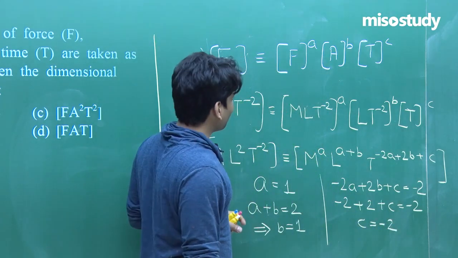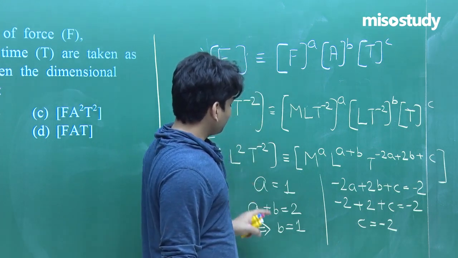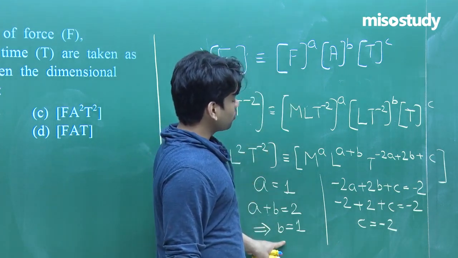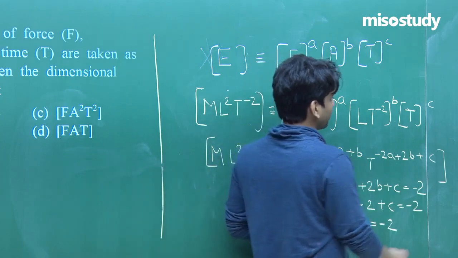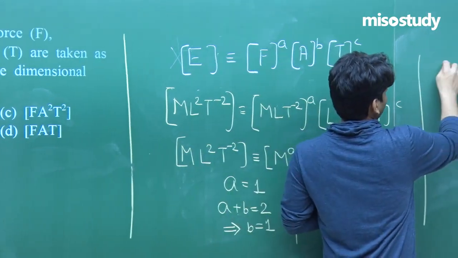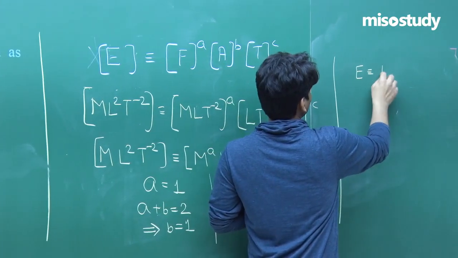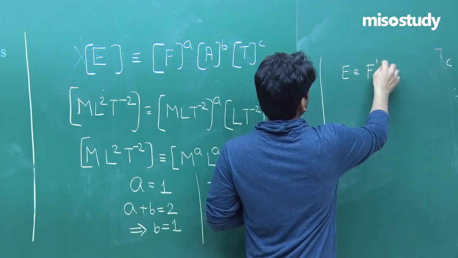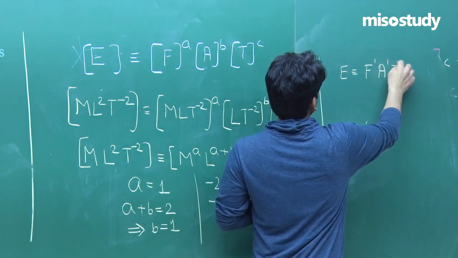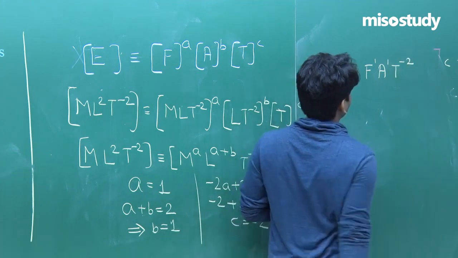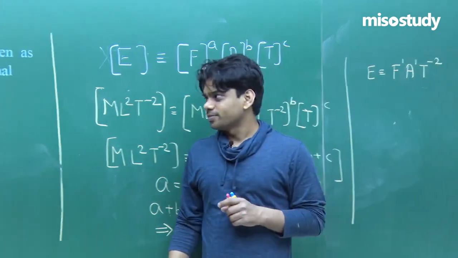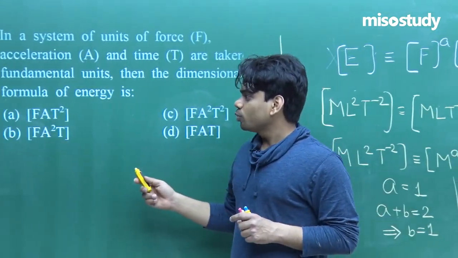So the answer will be what? F to the power 1, a to the power b, that is also 1, and t to the power c. So the energy will be dimensionally related to F to the power 1, acceleration a to the power 1, and time t to the power c. So it will be F a t to the power c. Let's go ahead.